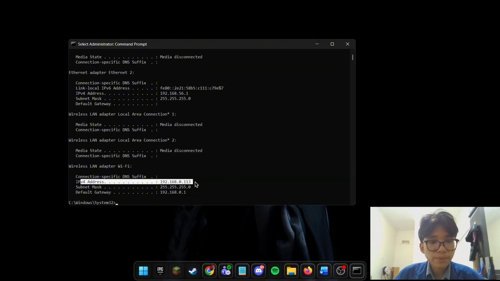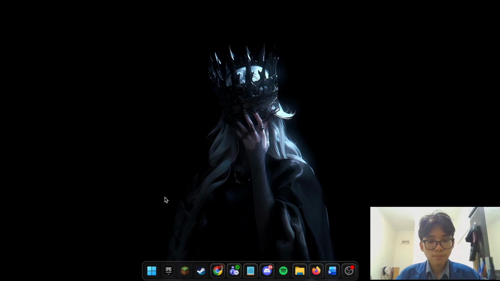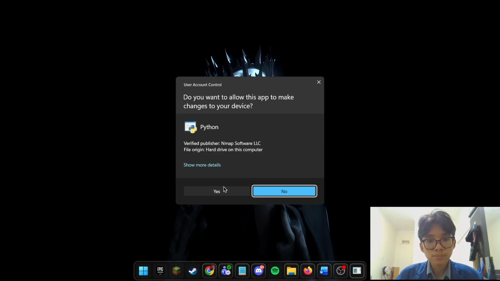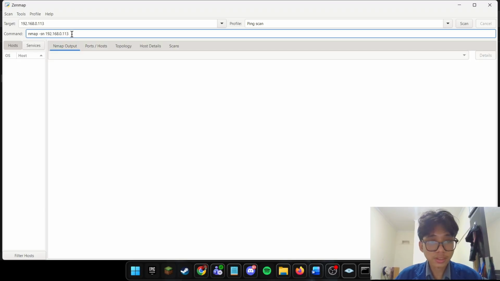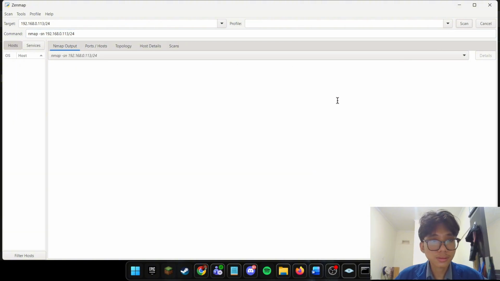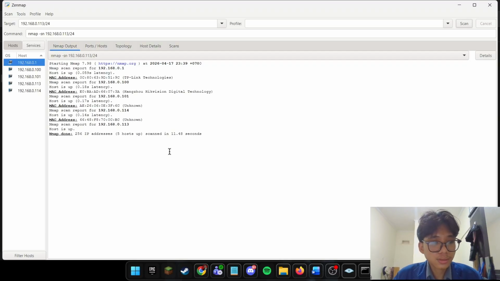Next, I perform a ping scan using Nmap. The command used is nmap -sn followed by my IP address with CIDR notation. This scan is used to identify active hosts within the network.